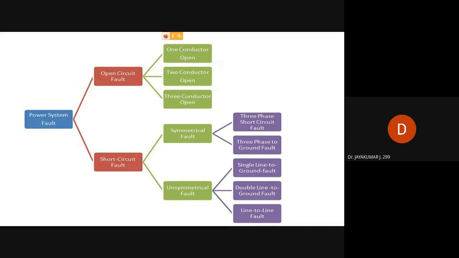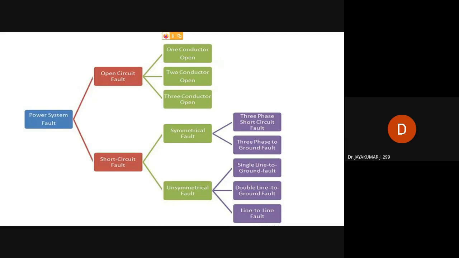I ask you to write this down so that it will be stored in your mind. We will know the kind of fault, but we may not know its category. This will tell which category the faults fall under and give better clarity on the types of faults. I request all of you to please note down this tree diagram, this classification diagram.